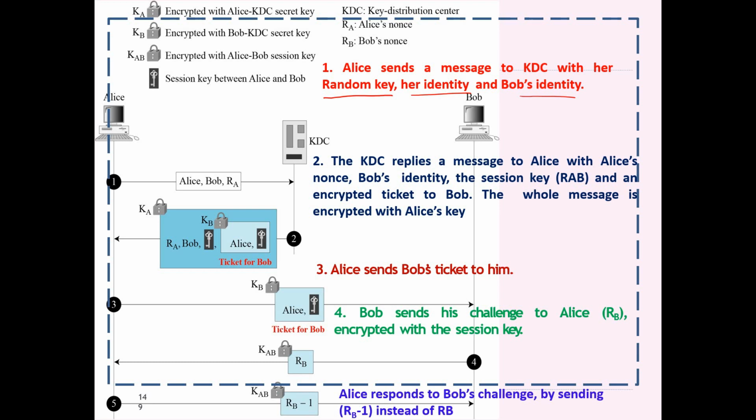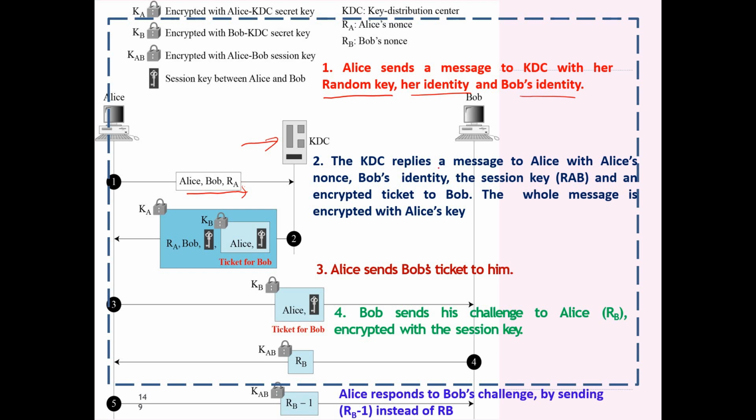Do they deserve a phone call to be established between them? Same thing is happening over here. Alice is sending a request, I am dialing a number. The number, along with my own information and the receiver's information, will go to the central server, which is the KDC. So the KDC lies here. Alice is sending the information, and this RA is indicating a random indicator to the user.